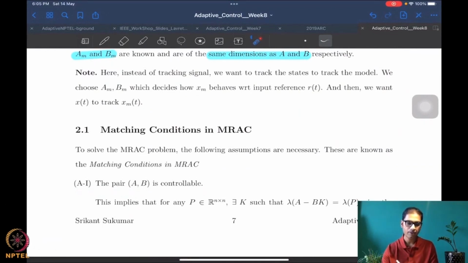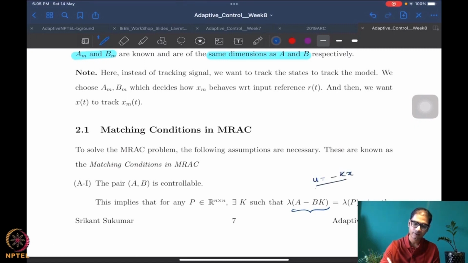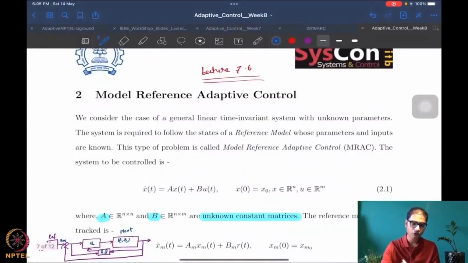This implies that if I'm given any n by n matrix P, there must exist a matrix K such that A minus BK equals P. So what does it mean? A minus BK comes from when U is chosen to be minus KX. Controllability, as you would already know, I hope. If you don't, I really urge you to go back and revise what is controllability for a linear state space system.